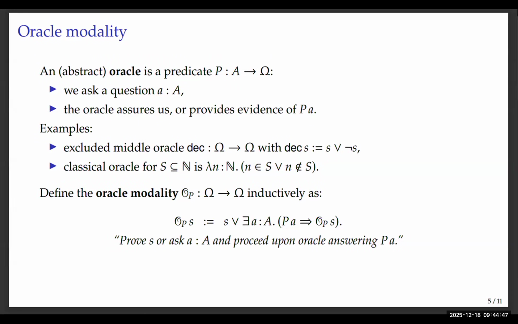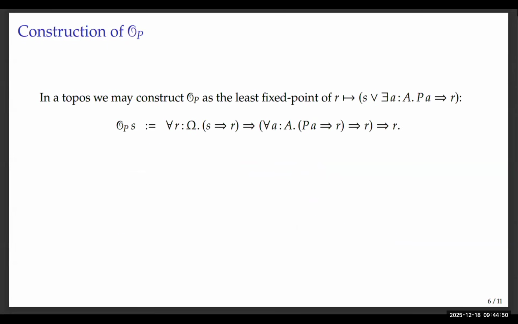So a little more formally, how do you get this? Well, one way to get it in a topos, say, because there we have impredicativity, is to construct it as the least fixed point of the map that takes a proposition R to S or there exists an a, P of a and R. This is obviously a monotone map because R appears in a covariant position.